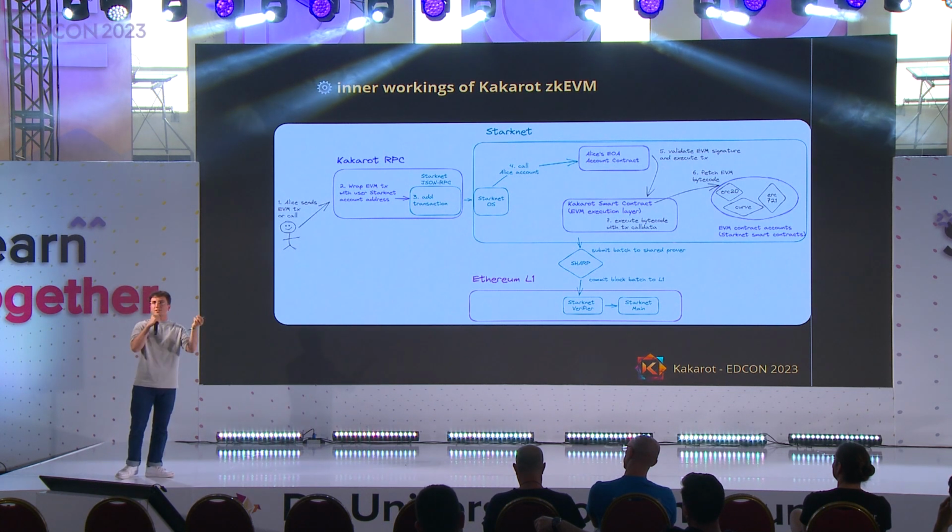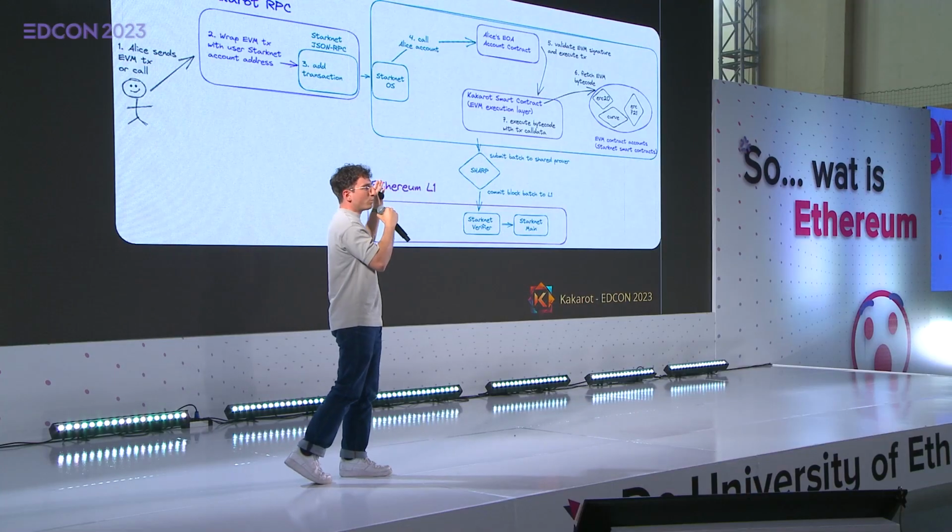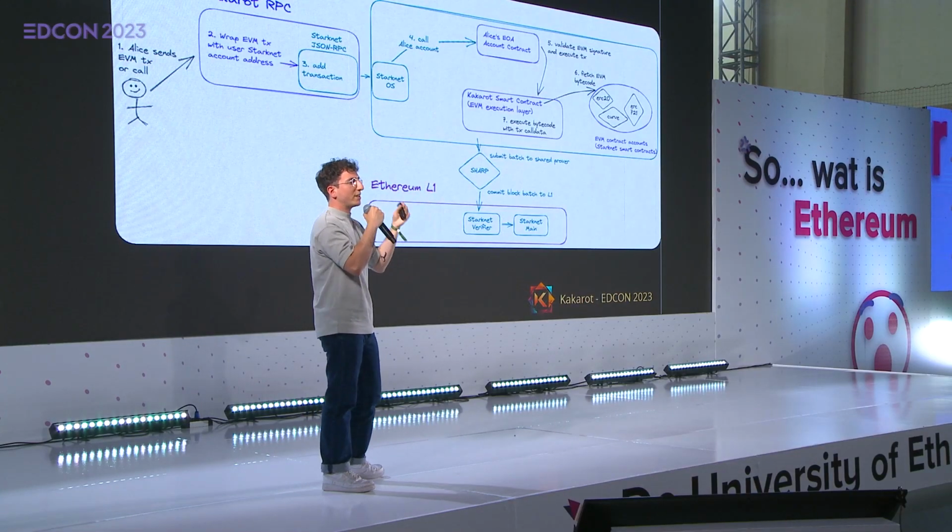So for example, ZK-Sync, you may be familiar with it, launched their zkEVM. What they do is you will write Solidity, they will transpile it to their own language, and then run that. So this is transpilation. In our case, it's not. It's interpretation at the runtime.